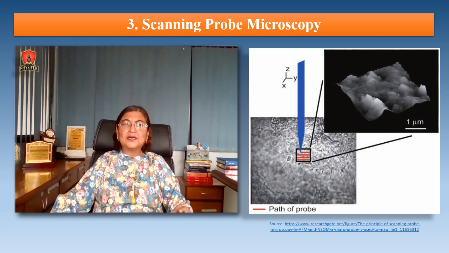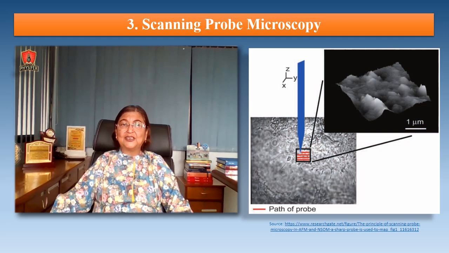Another important technique used in nanotechnology is scanning probe microscopy. The scanning probe microscope does not use light or electrons for imaging. It uses a sharp probe. In scanning probe microscopy, a sharp probe is used to map the topographic features of the sample surface accurately.